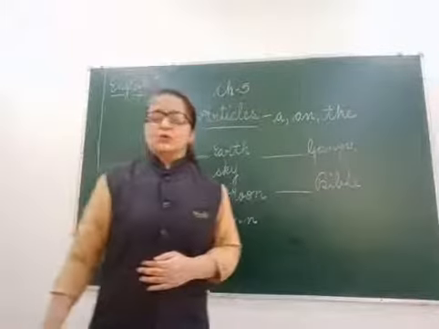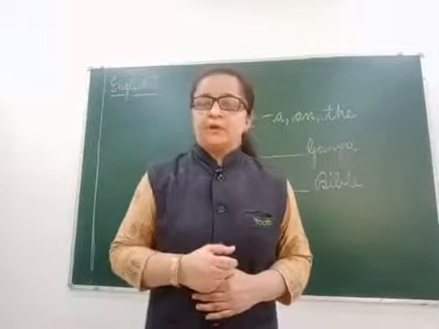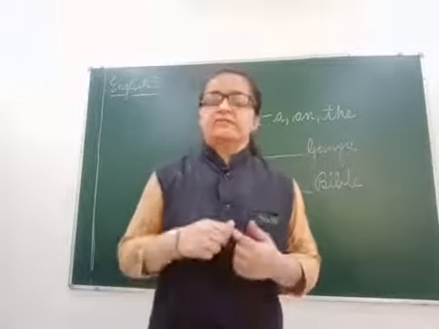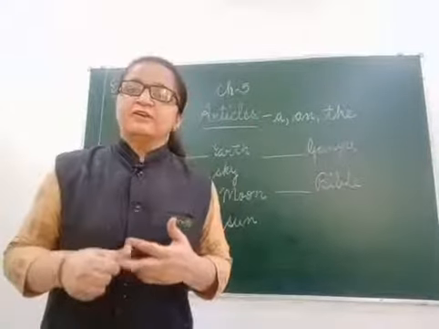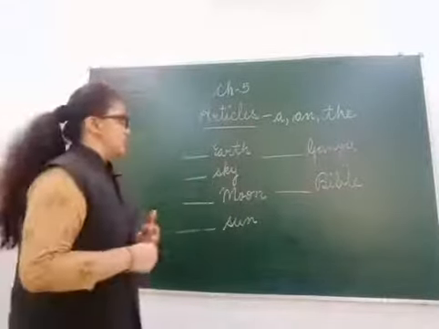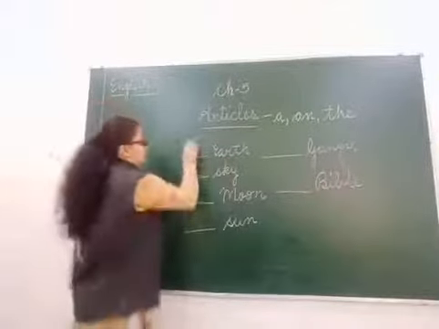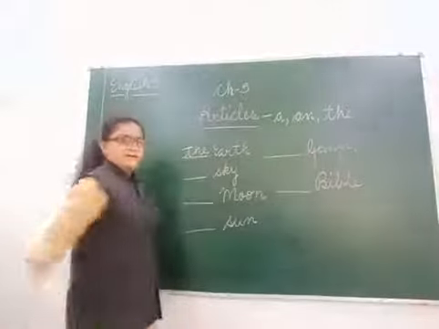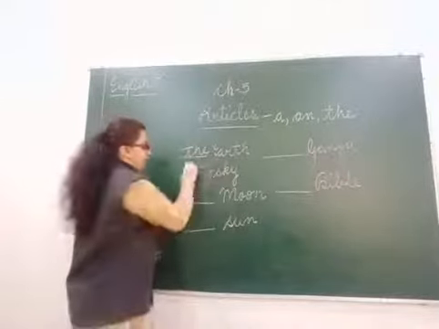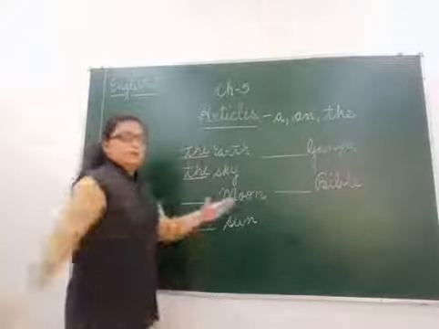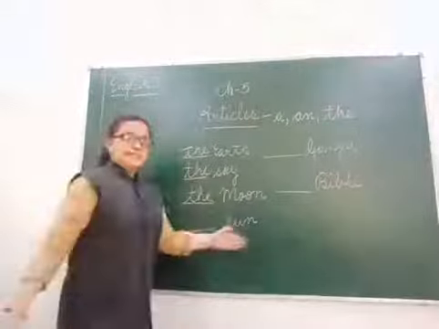Children, we use the when we talk about something in particular. Okay, we use the with the name of rivers, books, holy books, and the famous buildings. For example, I have written earth. So we always say the earth. Yes, we use the for earth. The sky, the moon, the sun.